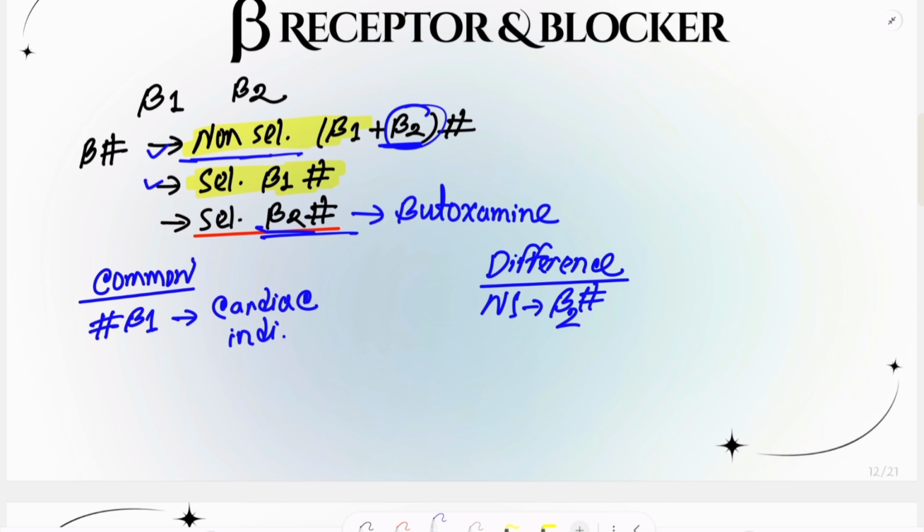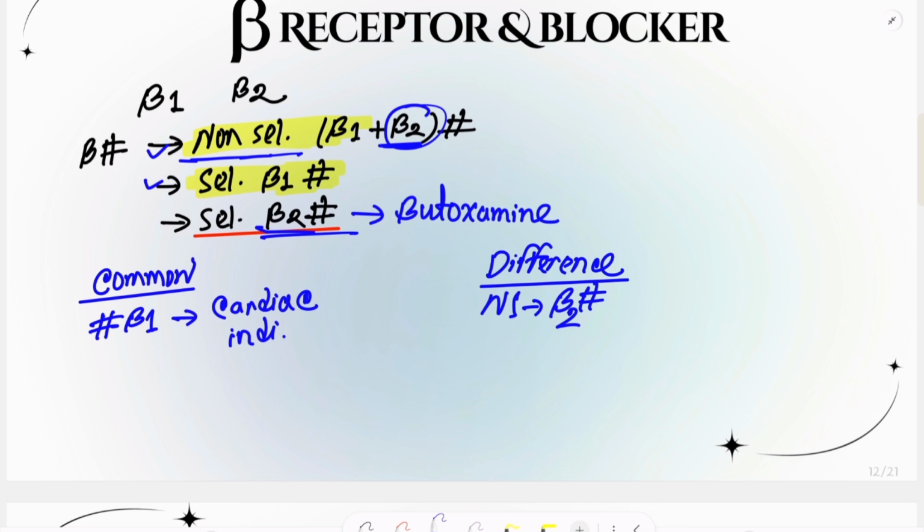Tell me in which condition we want to block the beta 2 receptor and in which condition we do not want to block the beta 2 receptor. Remember, the heart has only beta 1 receptor. So everywhere else there is beta 2. So if we want to block beta receptor outside the heart, we must use the non-selective one.